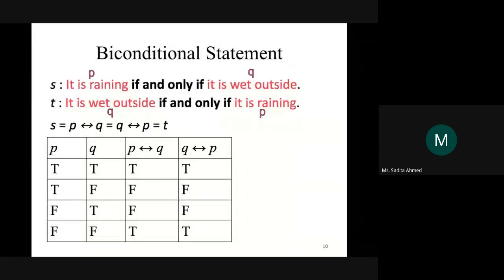Do you guys remember? For example, if you have this statement, P if and only if Q, by looking at the truth value of this statement, what can you say about the variables P and Q?